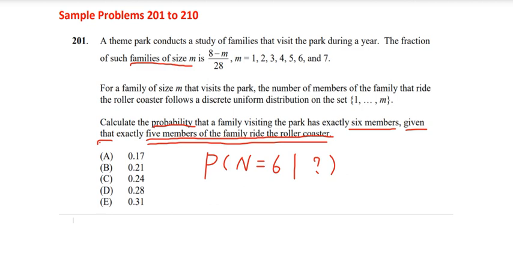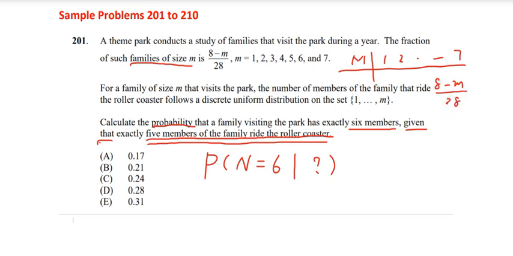We let m be the family size. So m can be 1, 2 up to 7, and the probability is just (8 minus m) over 28.